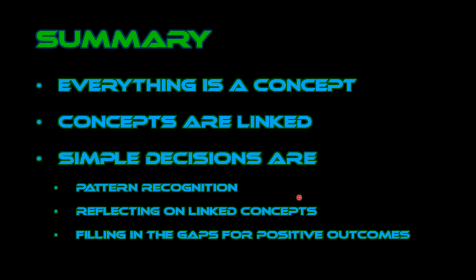It will realize that it's missing something from that positive outcome, and then it will fill in the gaps if it can. So once you get a bit more advanced, it will be about taking multiple possible outcomes and deciding which is the best for given scenarios, but that's just more complicated links of concepts, theoretically.